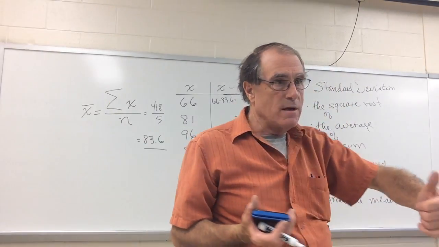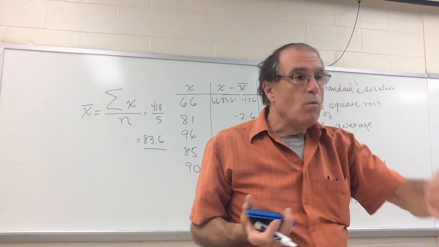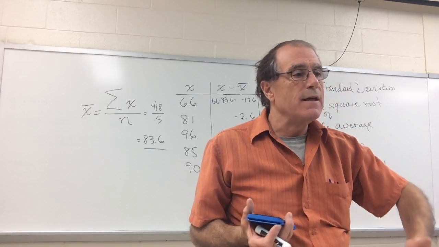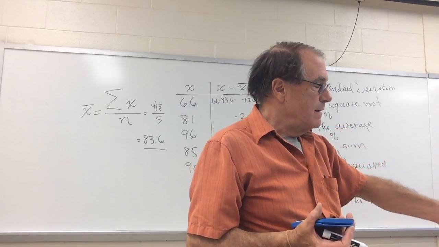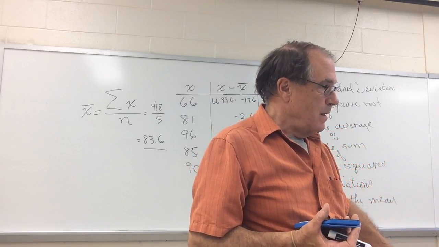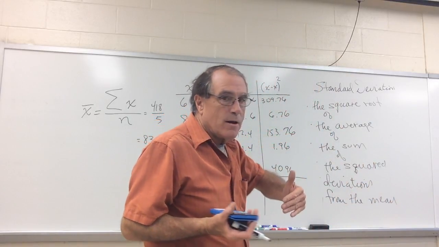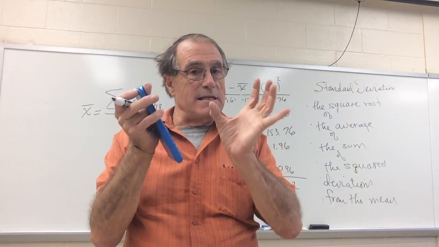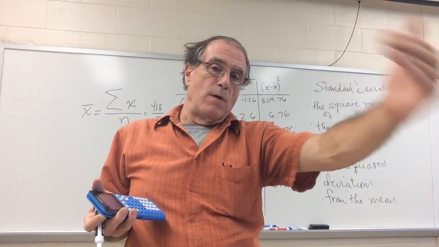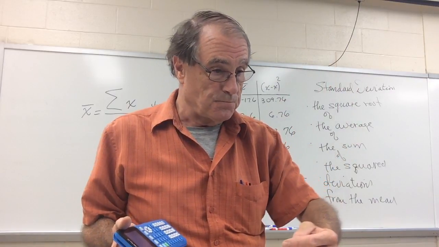It's a sample, we divide by one less than the total. If we're finding the mean, we would normally divide by how many we have, but for a sample we divide by one less than how many we have.